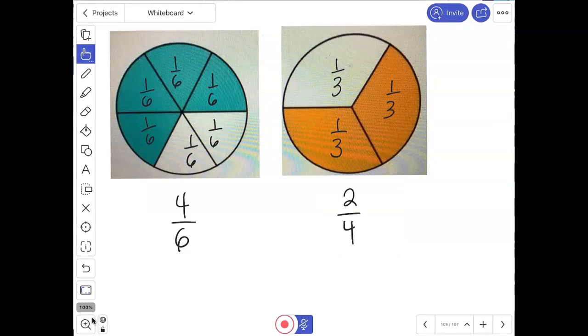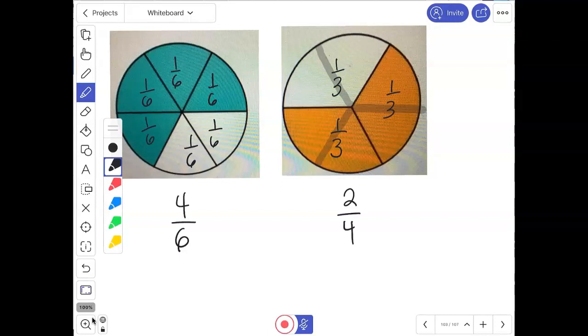Another way we could look at it is if I broke this into 6ths, would it then look the same? Does it look the same now? I think it does.